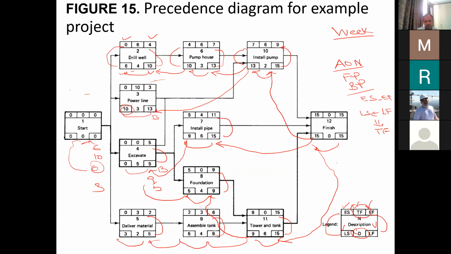For example, if you take the activity drill well, we can take 0 and 10, because this is the earliest the activity can start and this is the latest it can finish. Similarly for the pump house, we can take 4 and 13.